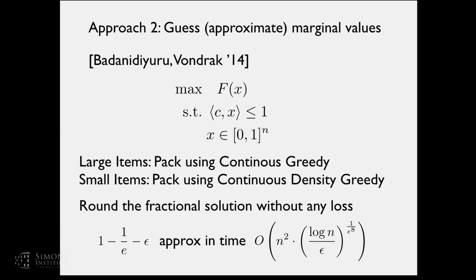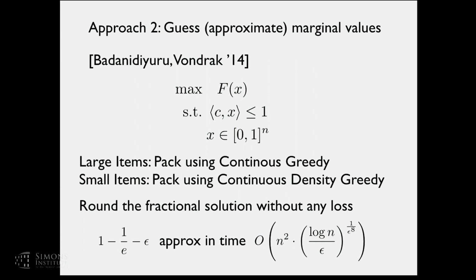And what this allows us to obtain is a nearly matching approximation guarantee in time that is nearly quadratic in n, the number of items. So you can think of ignoring epsilon. The whole name of the game in this talk will be improving the dependency on n.